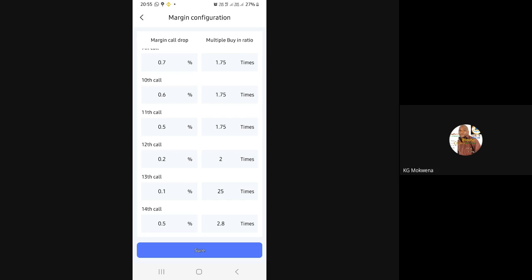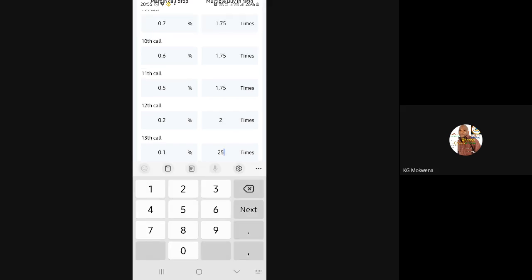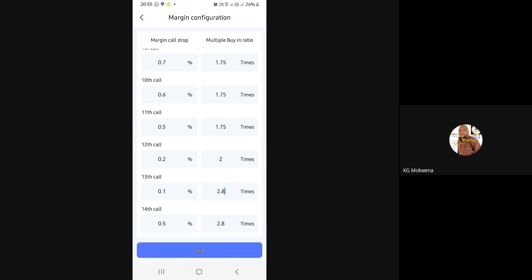So in this case, we're going to edit there. On 13th call, we put 1% and we put 2.8, according to what we saw there. You put 1% on call number 13, and on the other side is 1%.